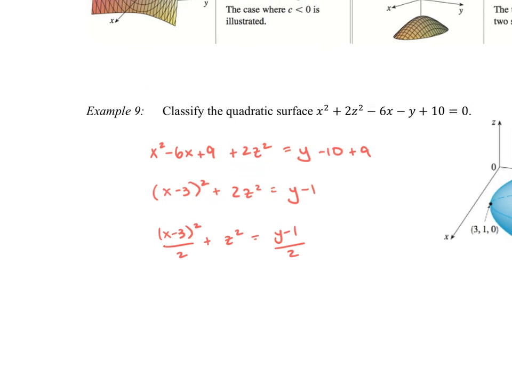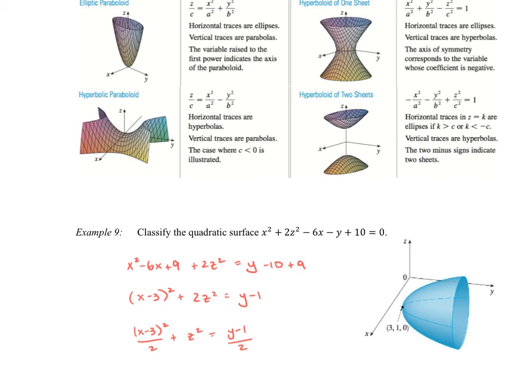And so if we look back on that description that's up here, it says that the variable raised to the first power indicates the axis of the paraboloid. So if we notice this paraboloid, we should be able to determine that it does open towards positive y because y is the variable raised to the first power. But also, we know when we studied circles and things like that in higher algebra and pre-calculus, that the factors of the equation are going to indicate the vertex.